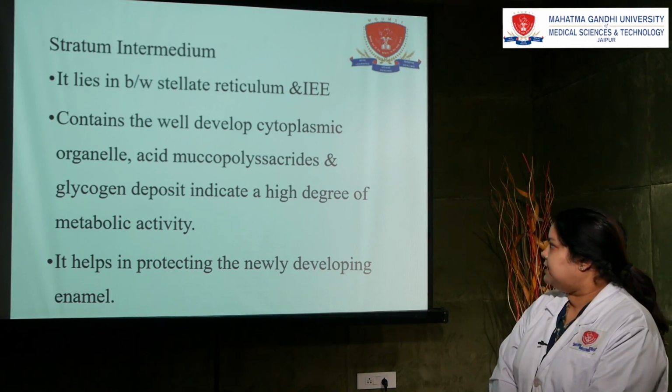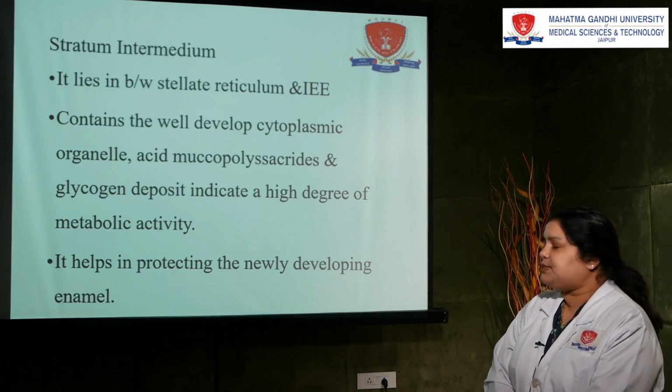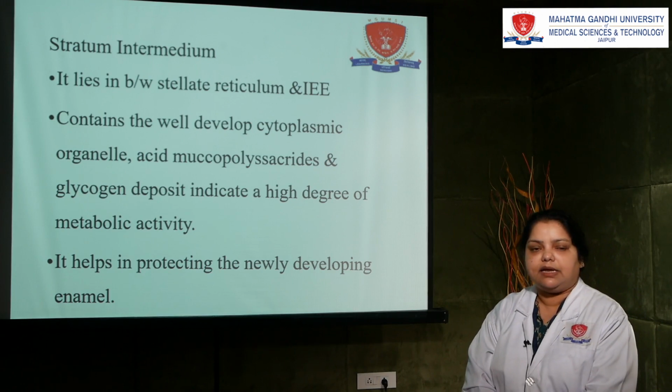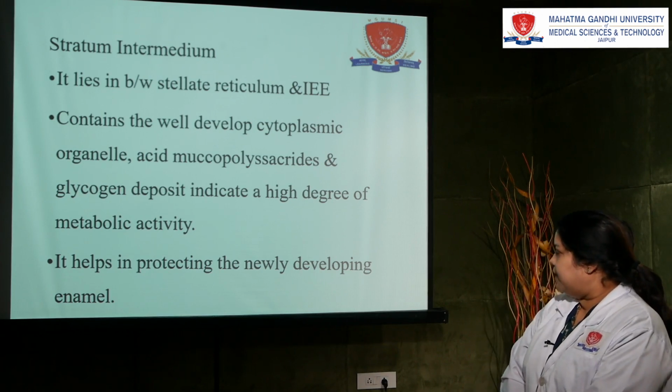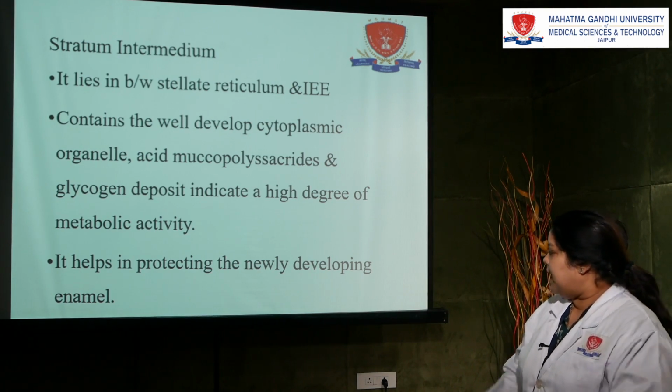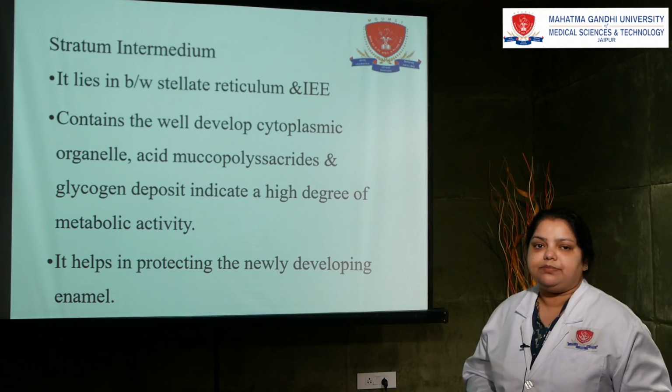The other layer, that is the stratum intermedium, lies between the stellate reticulum and the inner enamel epithelium. It contains well-developed cytoplasmic organelles, acid mucopolysaccharide and glycogen. It helps in protecting the newly developed enamel.